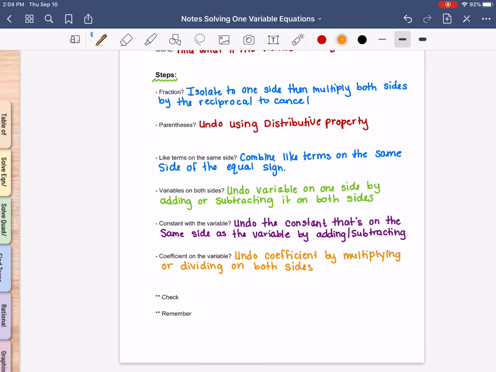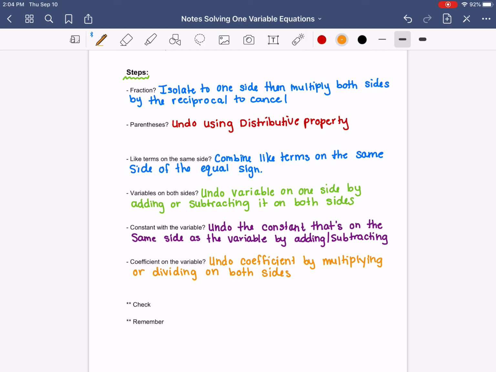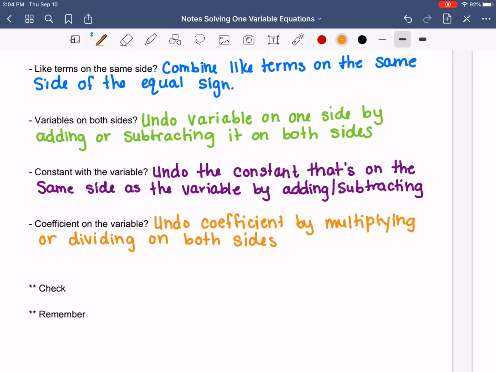Notice how they all said question marks, because not every problem is going to have a fraction, parentheses, like terms on the same side, variables on both sides, a constant with the variable, or a coefficient on the variable. This is just kind of a checklist. Does it have this? Then do this step, then move on to the next one.